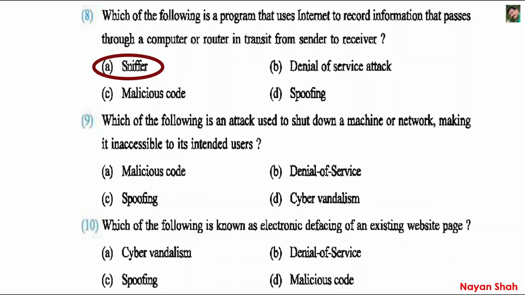Question number 9. Which of the following is an attack used to shut down a machine or a network or a server, making it inaccessible to its intended users?